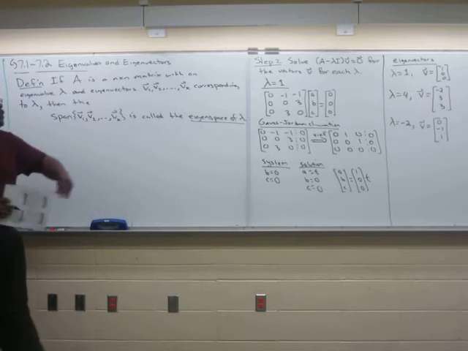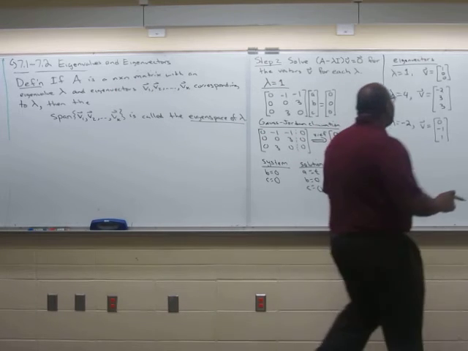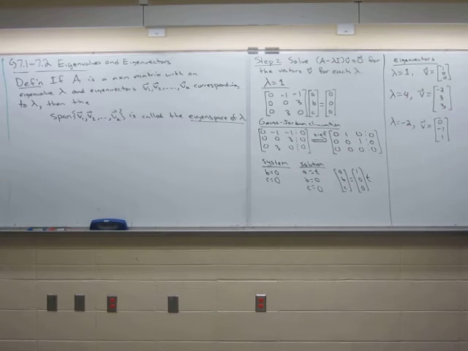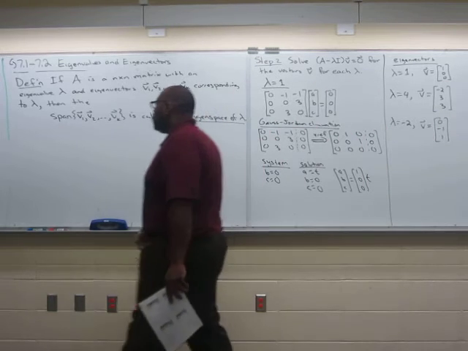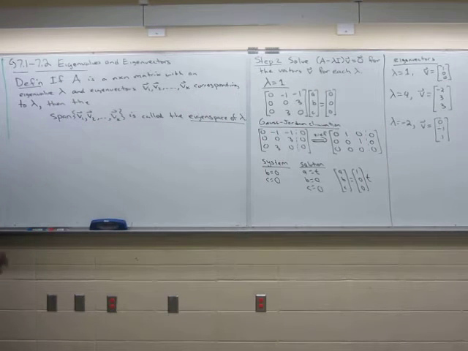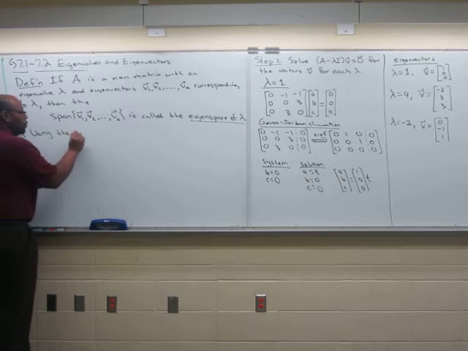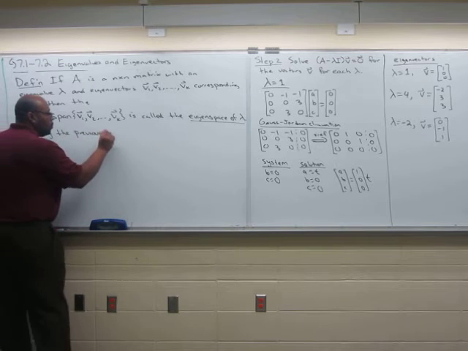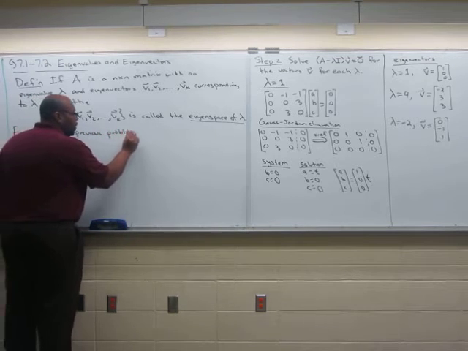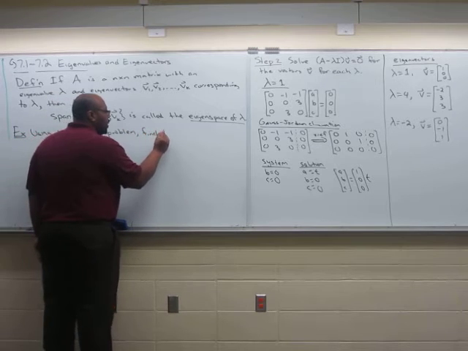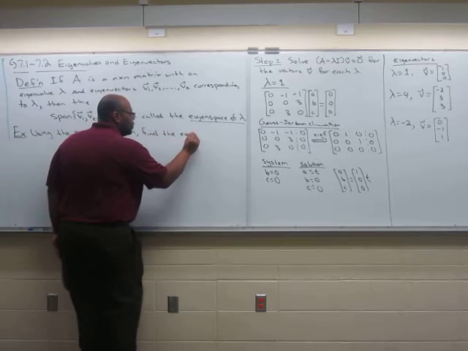Now, going back to what we just got through doing, we just finished working a problem with eigenvalues and eigenvectors. So let's talk about the eigenspaces of each one of these guys. Using the previous problem, find the eigenspaces.